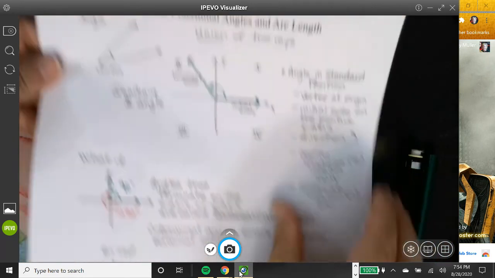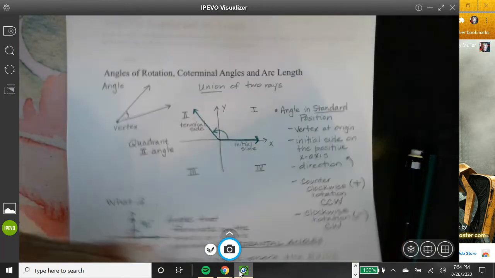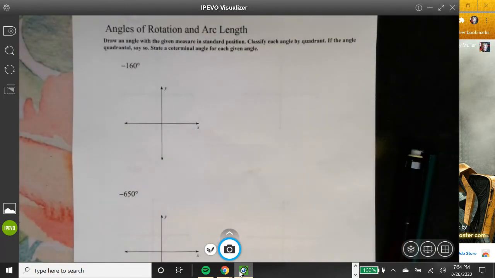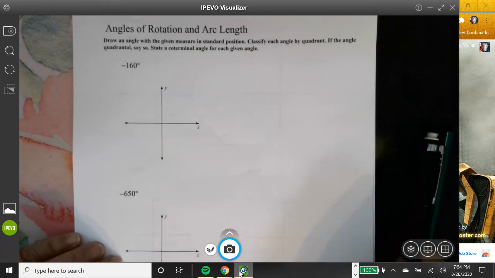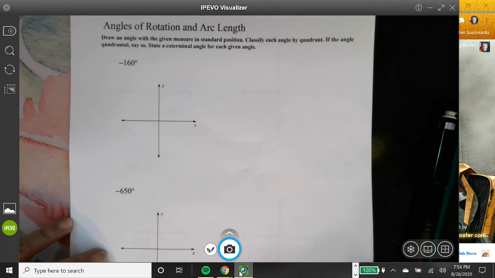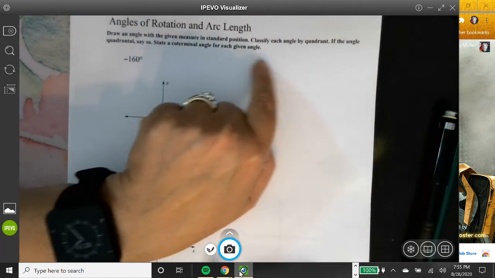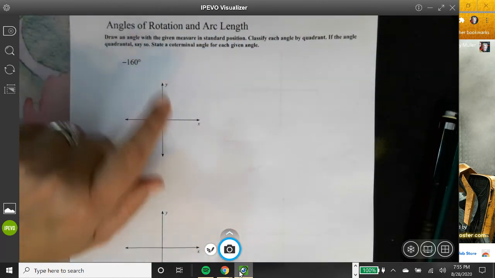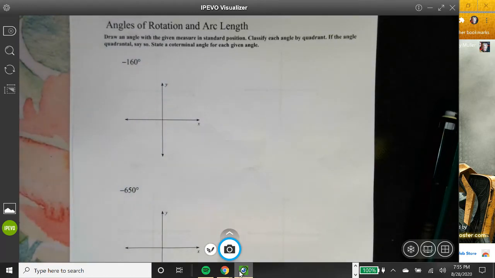So let's do some practice. All right, here we go. We're going to draw the angles of rotation. Okay, we're going to classify each angle by quadrant. And if the angle is quadrantal, we're going to say it's quadrantal. We're going to state a positive coterminal angle and a negative coterminal angle.